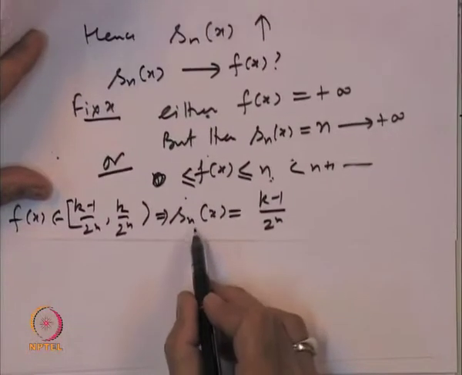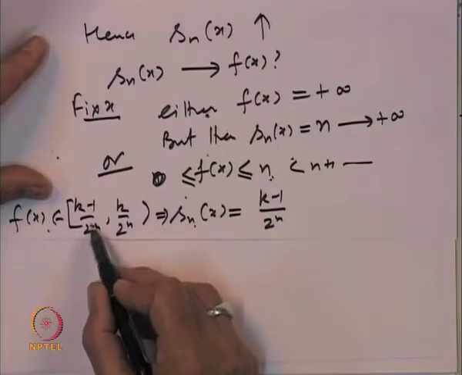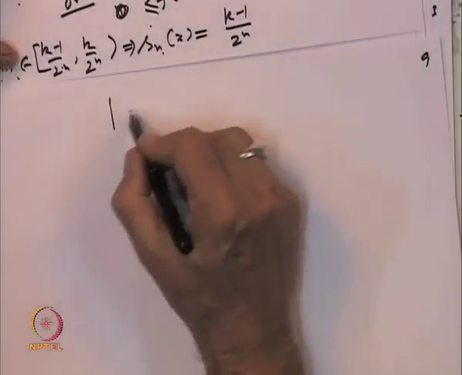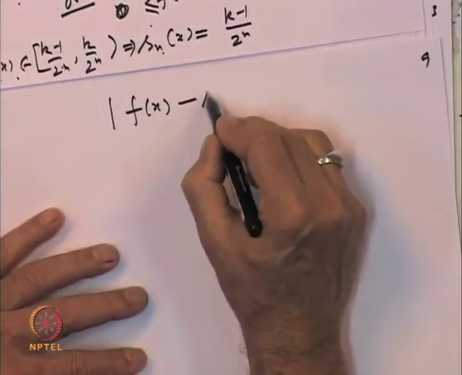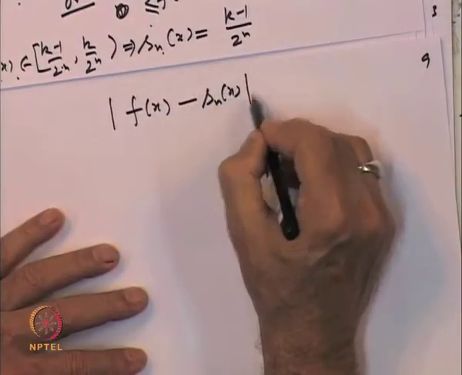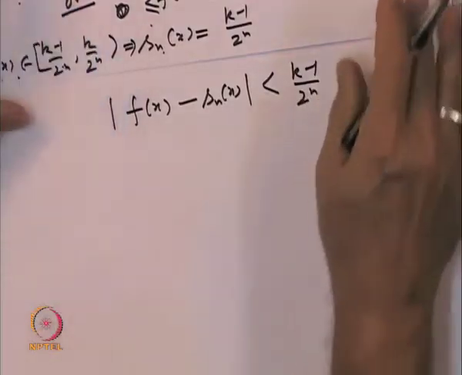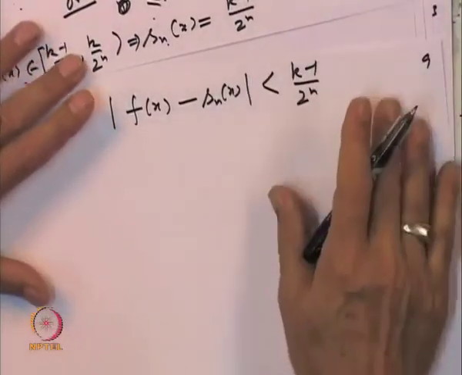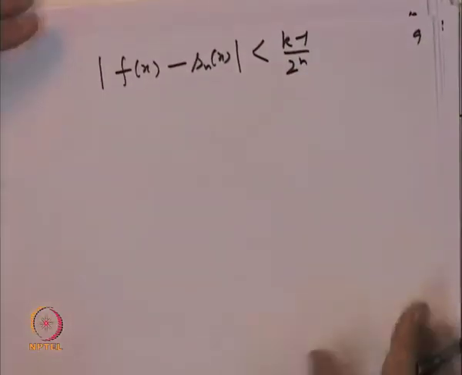So, what is the difference between S_n and this? S_n is the lower value, f is something in between. So, that implies that f(x) minus S_n(x) will be less than 1 over 2 to the power n, for some n.